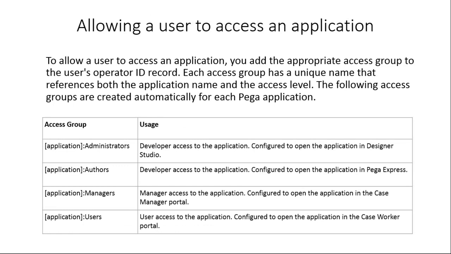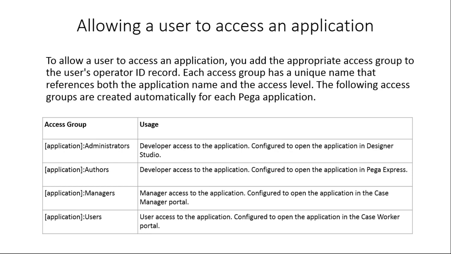Okay, and after that, allowing a user to access an application. How exactly can you allow a user to access an application? To allow a user to access an application, you add the appropriate access group to the user's operator ID record. So whenever you are logging into the application, there are various operators.